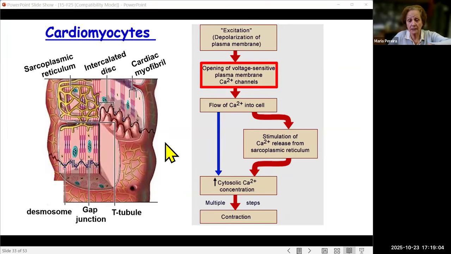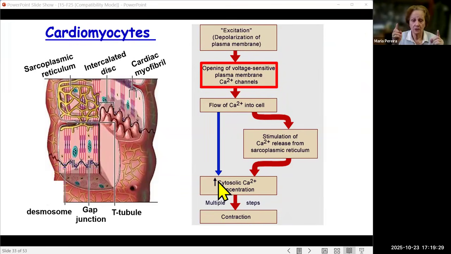They open, and calcium goes into the cytoplasm. Here, you have two sources of calcium. You still have the signal that reaches the sarcoplasmic reticulum and allows calcium to move out into the cytoplasm. But at the membrane, there are also calcium channels that allow calcium to come into the cardiomyocyte.